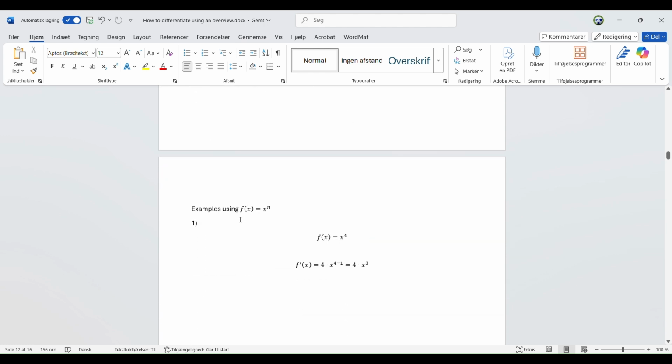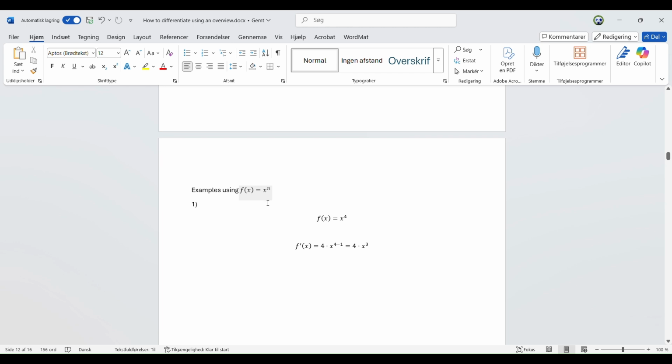Then we've got our next function, so x raised to the power of n, where n is a constant. So we just have a look at our overview. So x raised to the power of n. The first order derivative would be to take this number n, put it down in front of our x, and then subtract 1 from n up here, from our exponent.